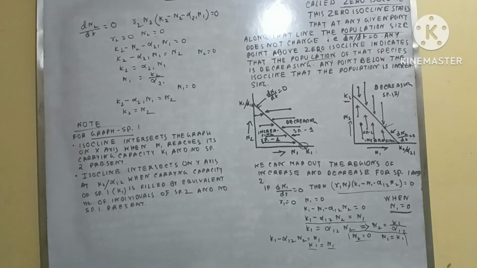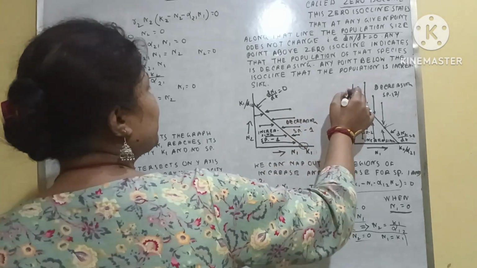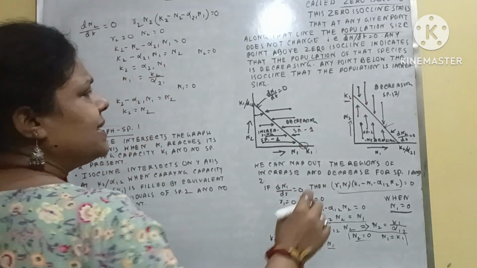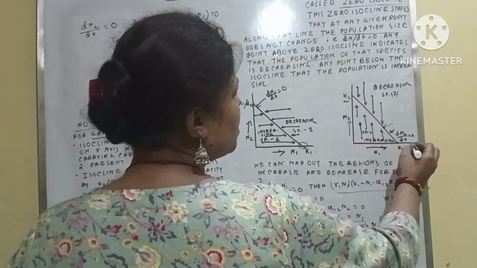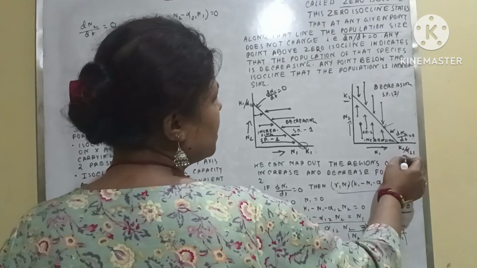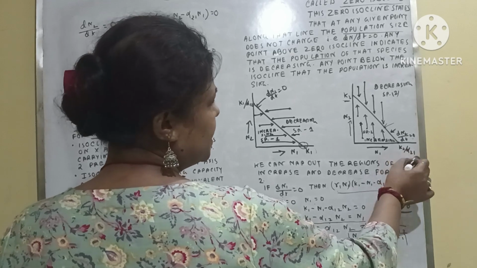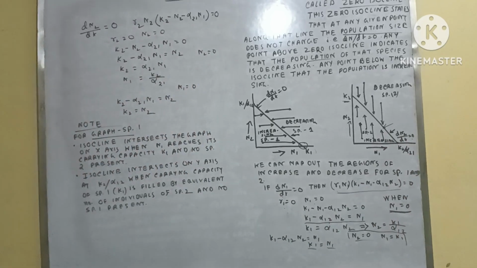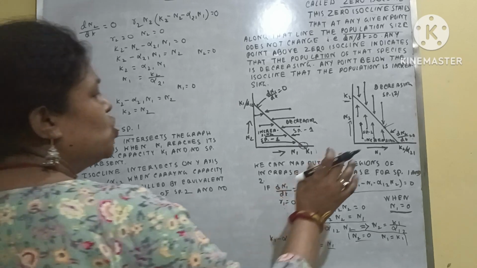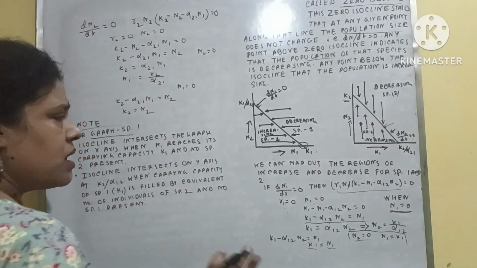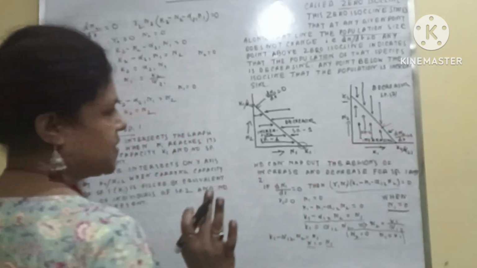K2 means there species 2 is present but species 1 is absent, and it intersects the x-axis at K2 by alpha 2 1. At this point, no species 2 is present. Here only species 1 is present.